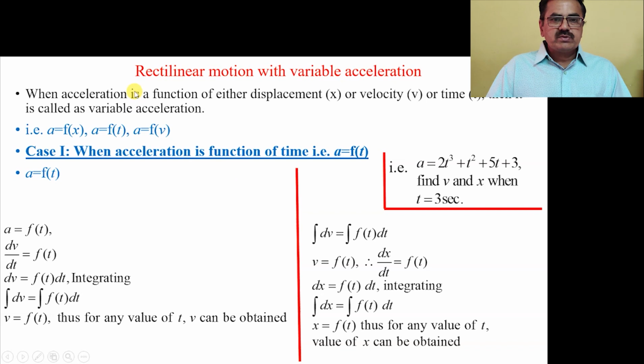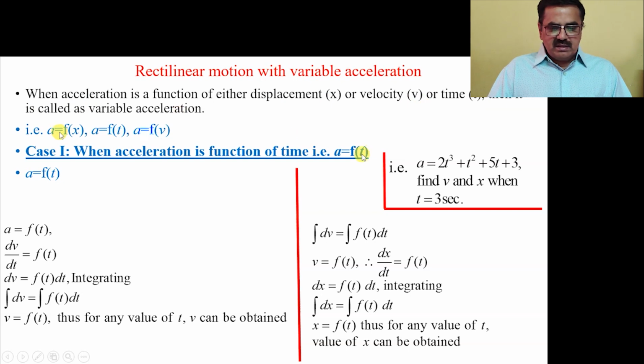Now we will switch over to the actual contents of the syllabus, that is rectilinear motion with variable acceleration. So when can an acceleration be called a variable acceleration? When the given acceleration is a function of either displacement, that is x, or velocity or time, then it is called variable acceleration.